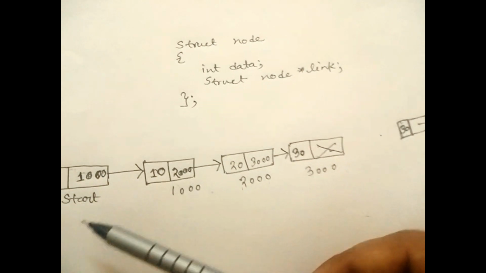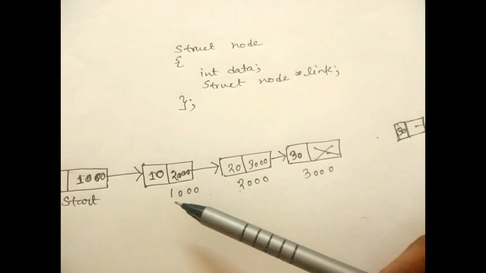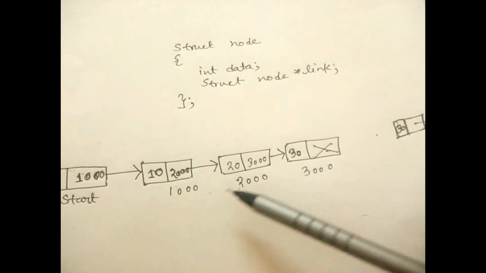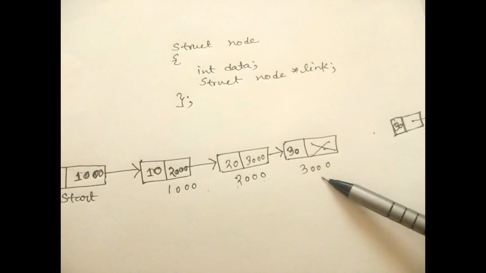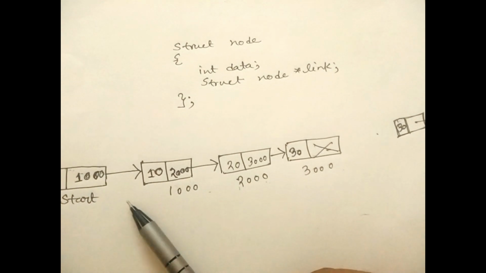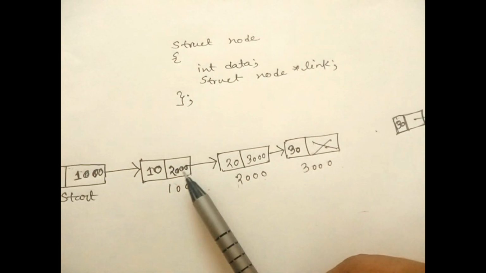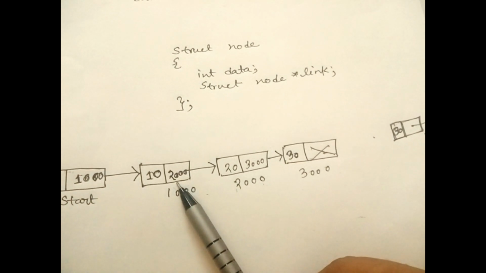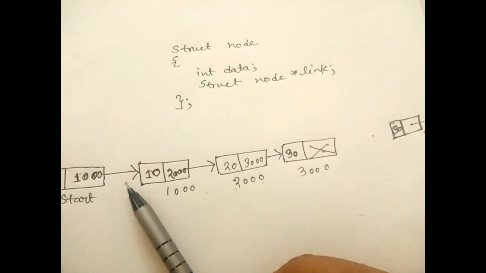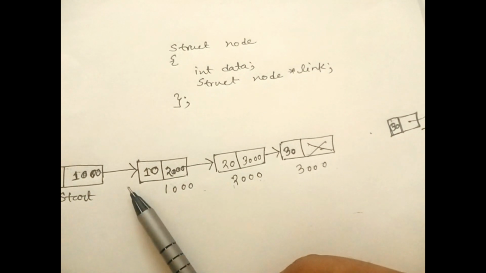Clear? Suppose the address of the first node is 1000, the address of the second node is 2000, the address of the third node is 3000. Start is mainly used to store a pointer to the first node. It contains the address of the first node.